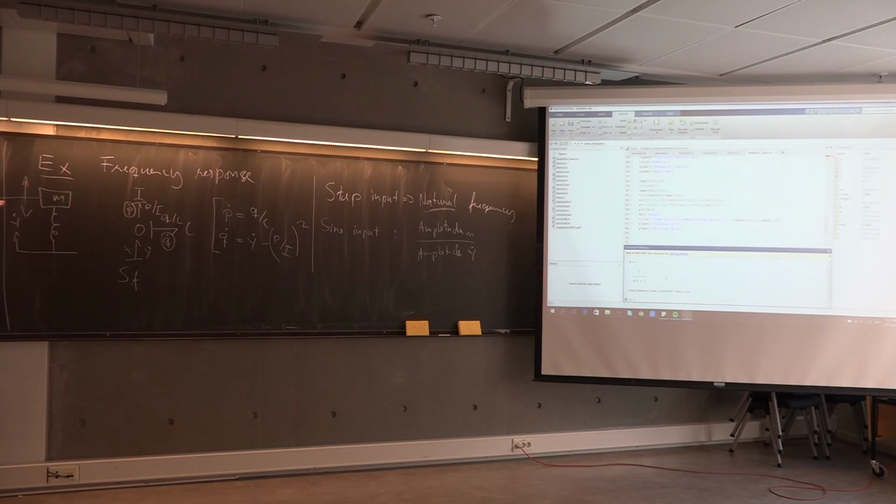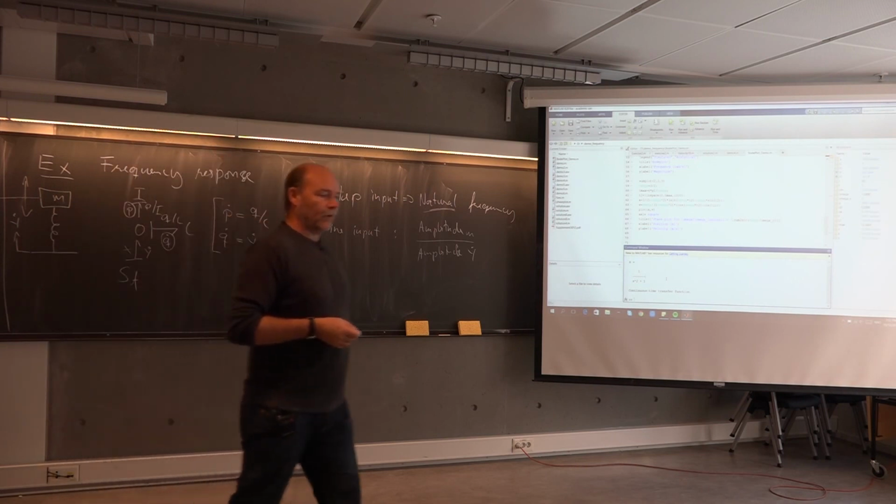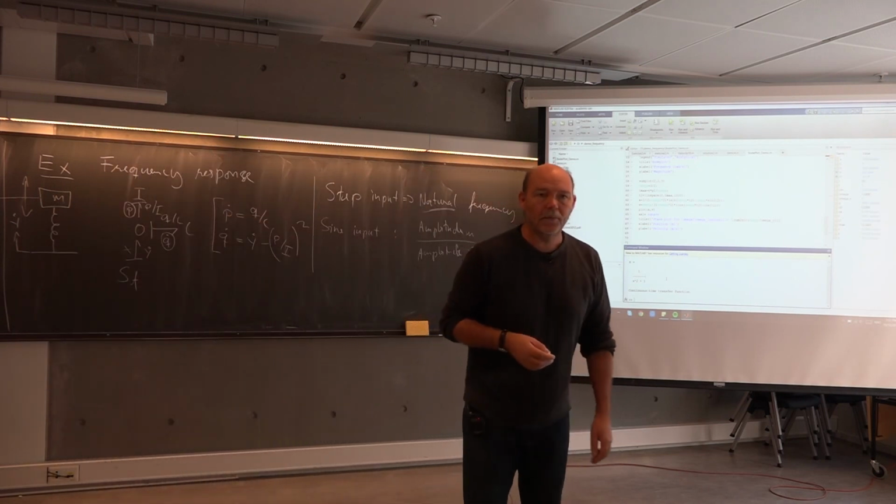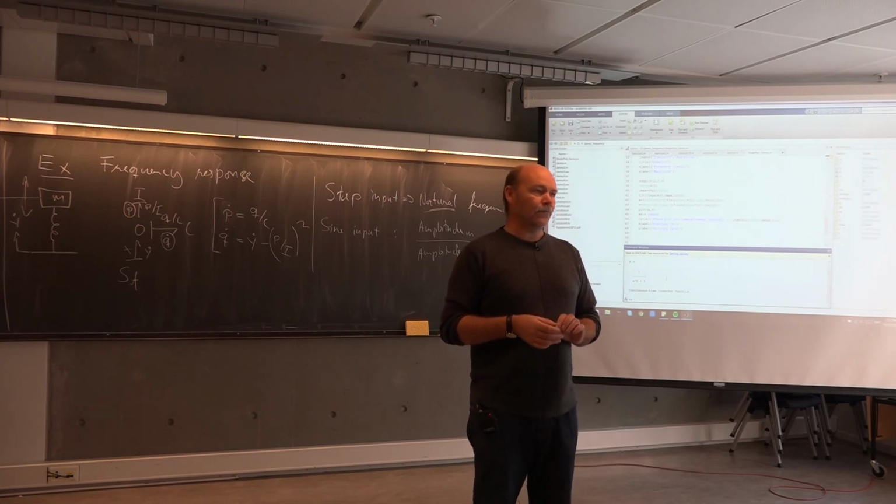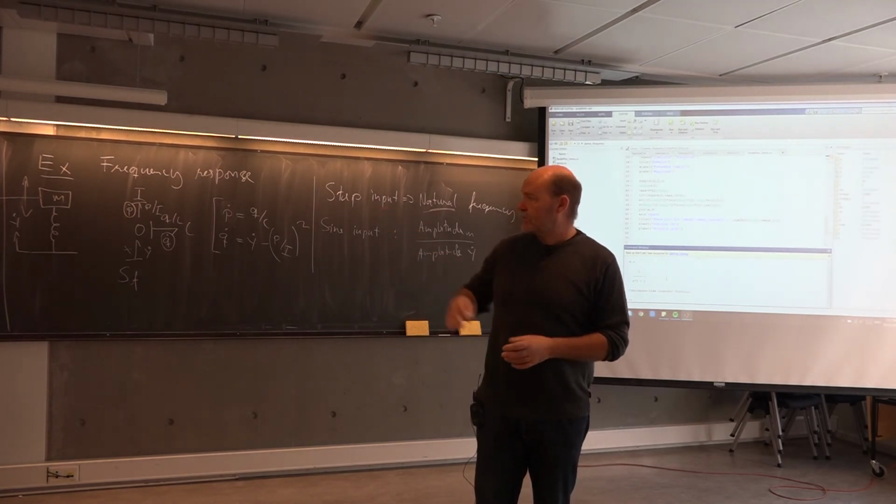If this is the time behavior for the mass that I want, how do I have to move this plate to get this motion correctly? Then we are talking regulation. And that will be the topic for next week, PID regulators. And we are going to use this as an example.